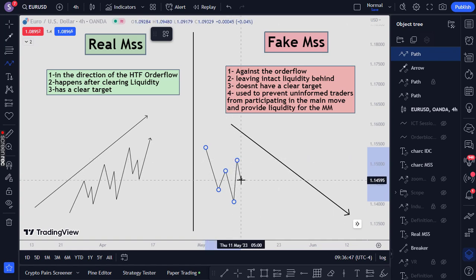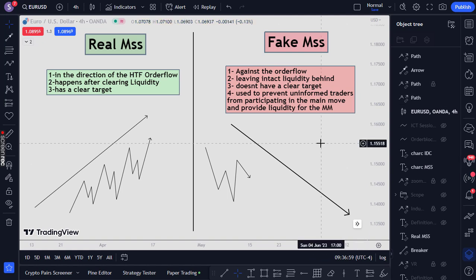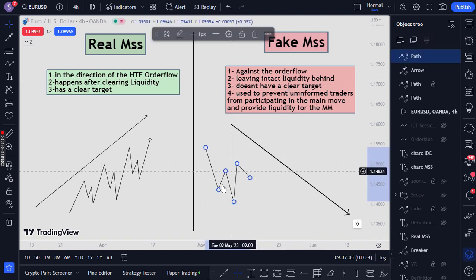So this is an inducement. It will be against the overall order flow, leaving intact liquidity behind. Now, what do we mean by leaving intact liquidity behind? For example, it would be like this.